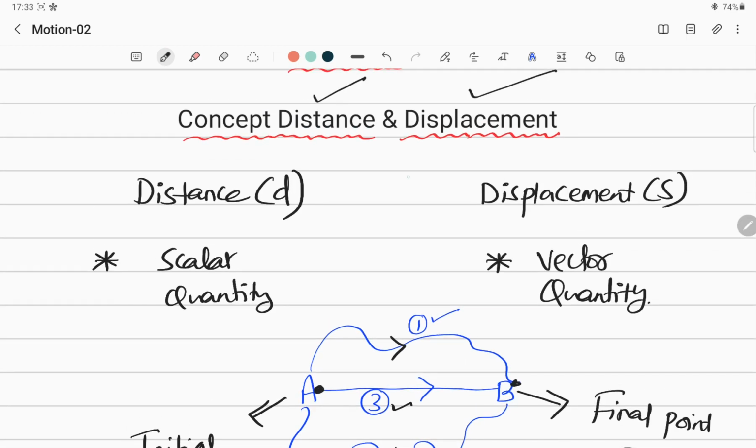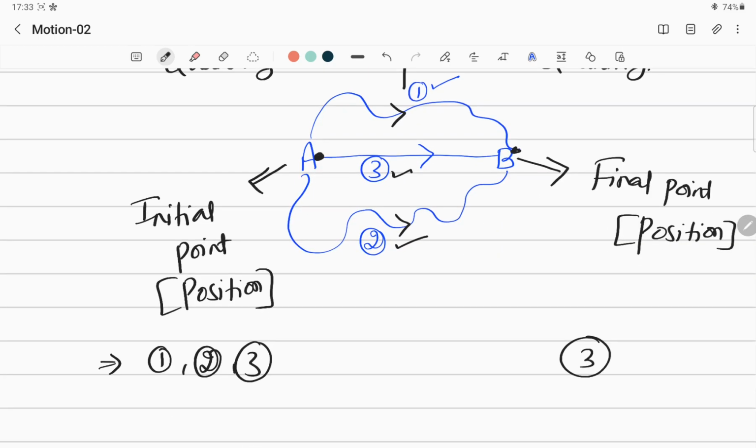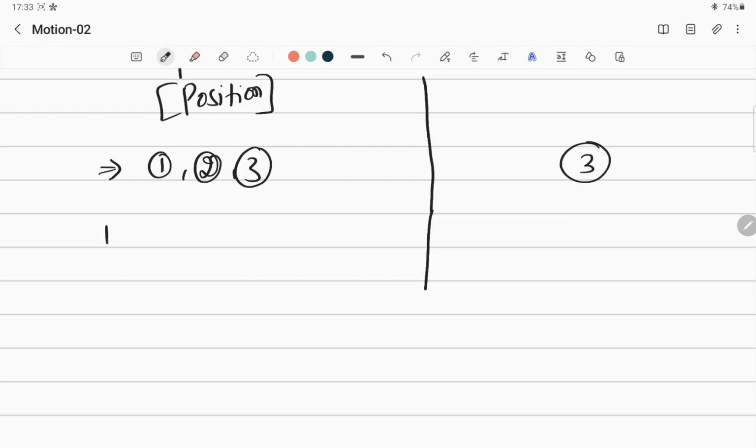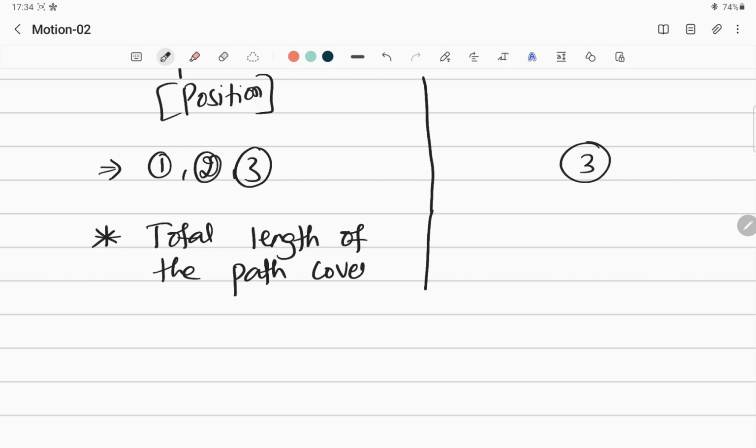See, left side it is distance and right side it is displacement. Okay, this is continuing. Now distance means, in simple words, total length of the path covered. Total length of the path covered is called distance.